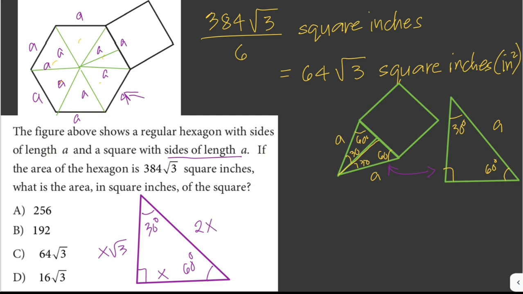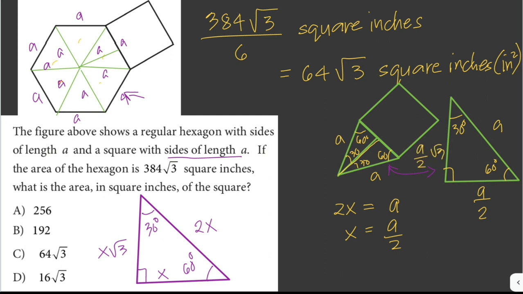Therefore, in here we're given the hypotenuse, which is A. So A is just equal to 2x. Therefore, x is just equal to A over 2. Therefore, this side here is equal to A over 2. And this side here is x square root of 3. So this is A over 2 square root of 3.